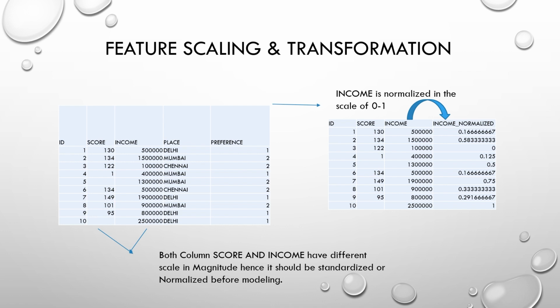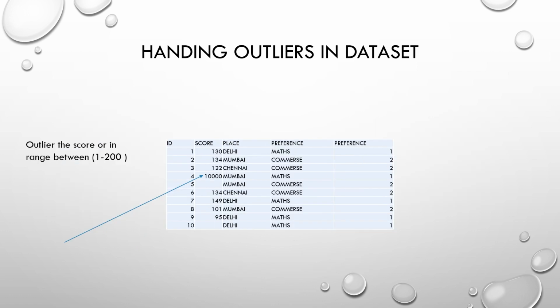So I think we are good with the third pre-processing step. Now we will move towards the fourth data pre-processing step: handling outliers in data sets. Say for example, you are collecting data sets from multiple sources and because of some error, a column contains a value which is not in range. Here in this example, score is mostly ranging between 1 to 200, but one of the cell values contains 10,000 as score. It is not possible. It is garbage.